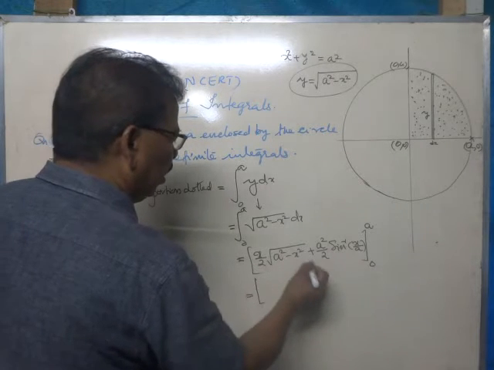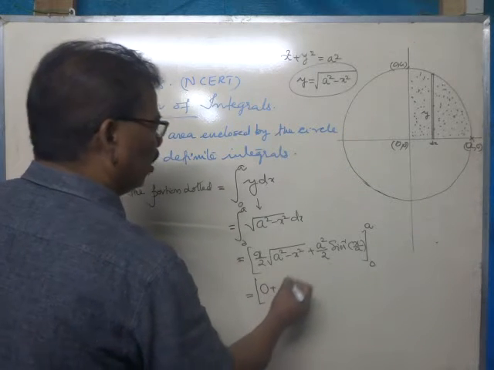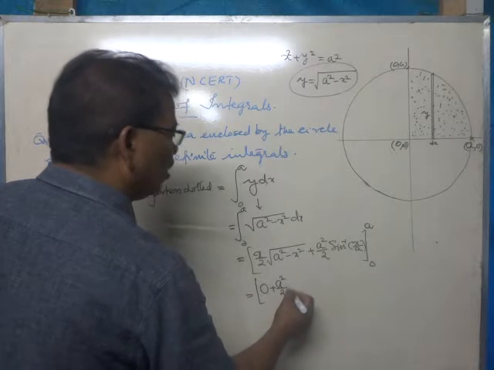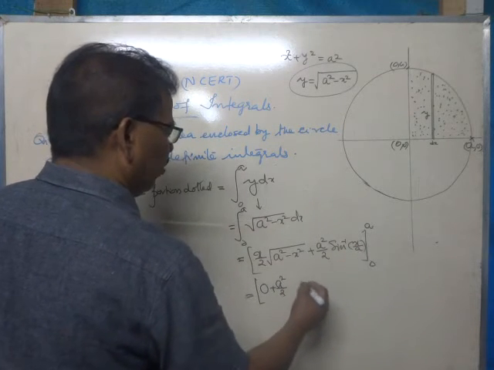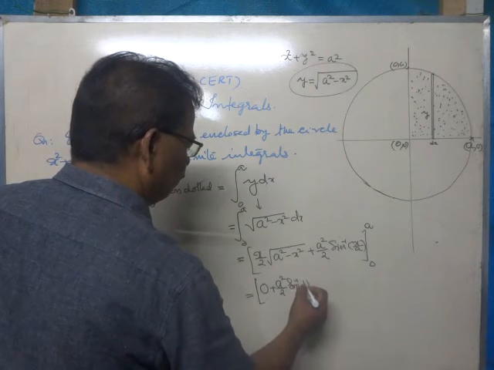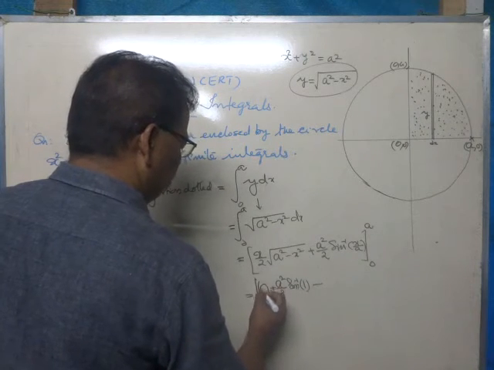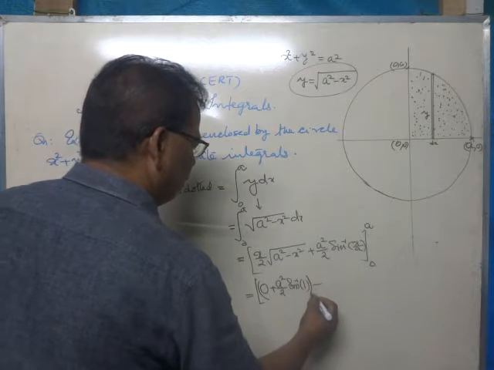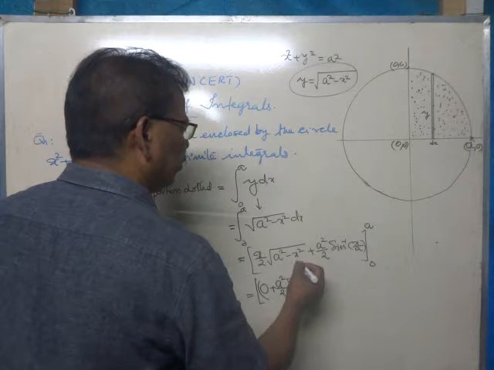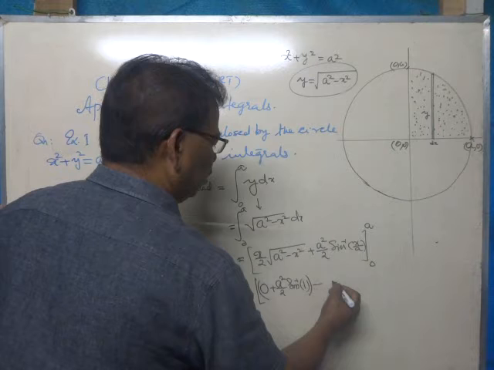So this portion will be 0. 0 plus a square by 2 sin inverse a by a, that is sin inverse 1, minus, when you apply 0, first part is 0, second part a square by 2 sin inverse 0, that is 0.